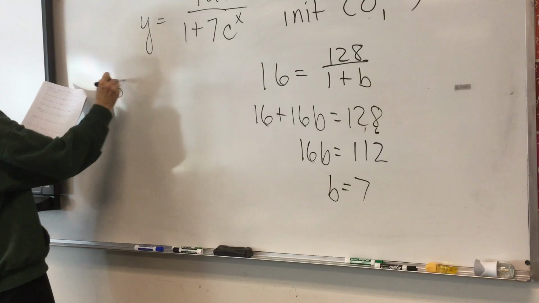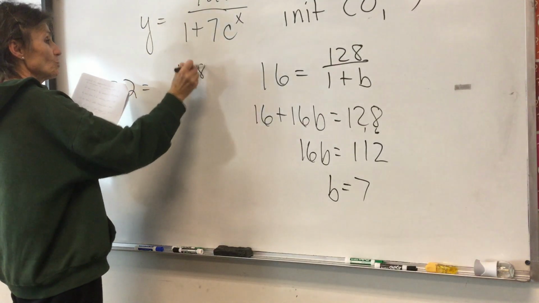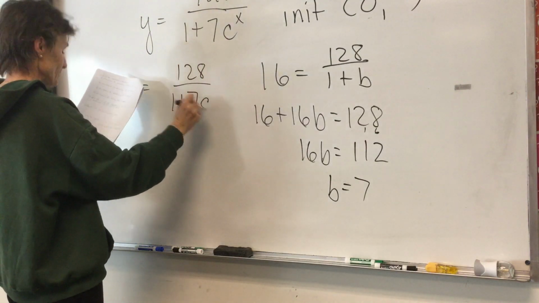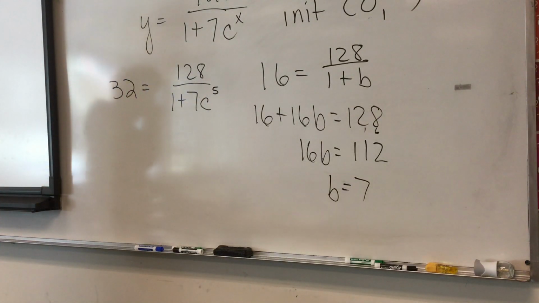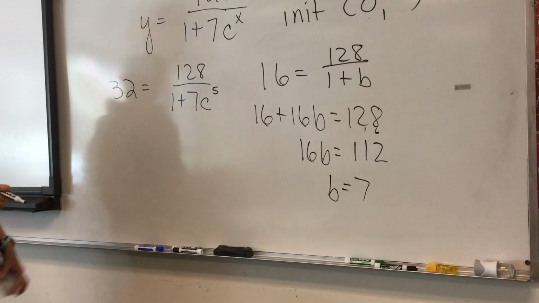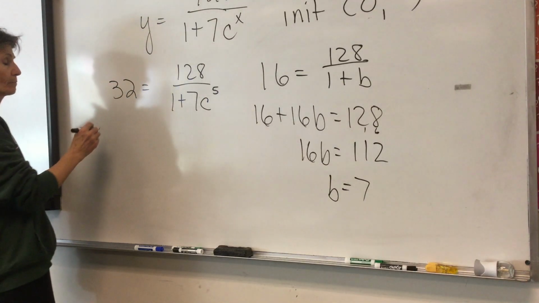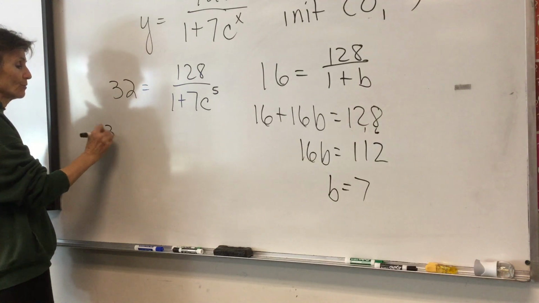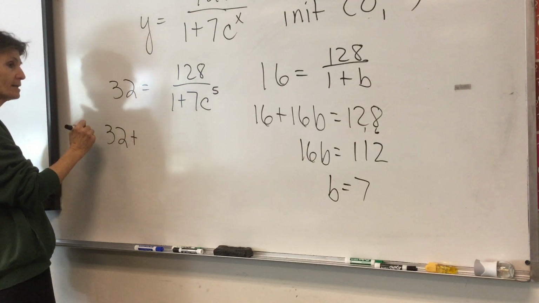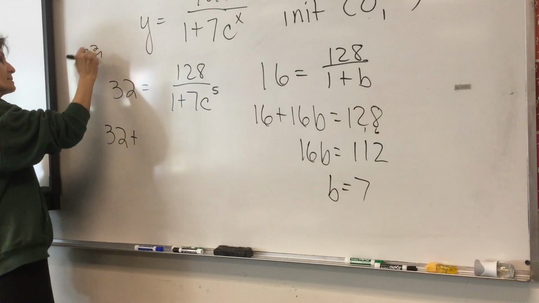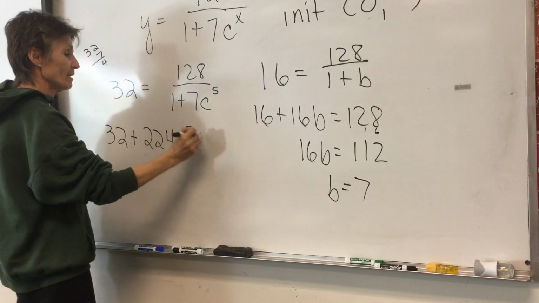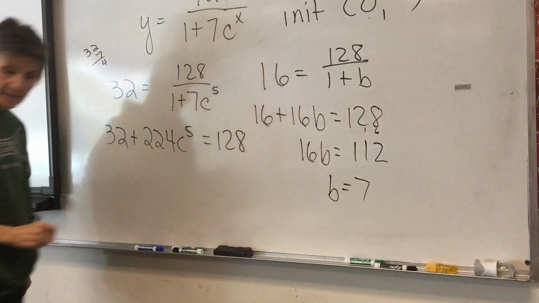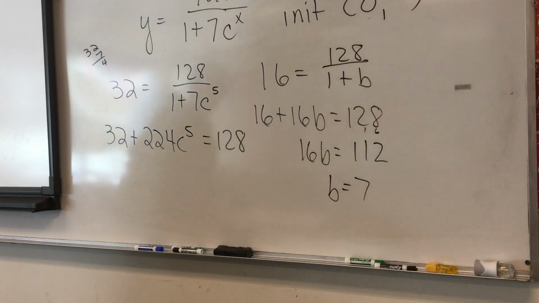So 32 equals 128 over 1 plus 7c to the 5th. So 32 plus, what's 32 times 7? 224. C to the 5th equals 128. I'm going to need a calculator here probably.